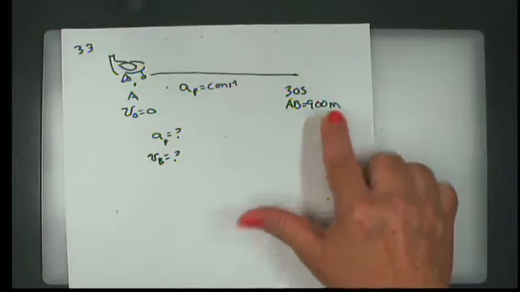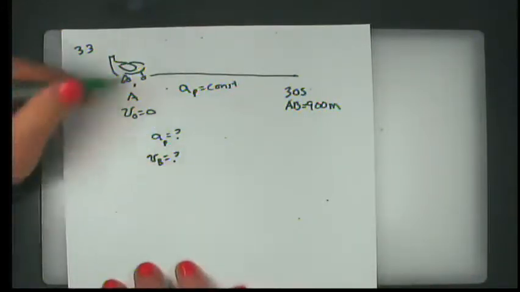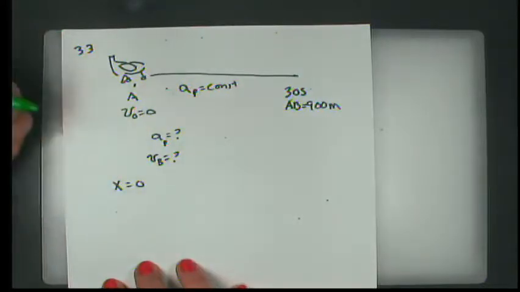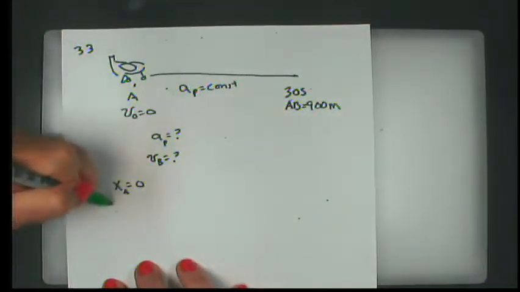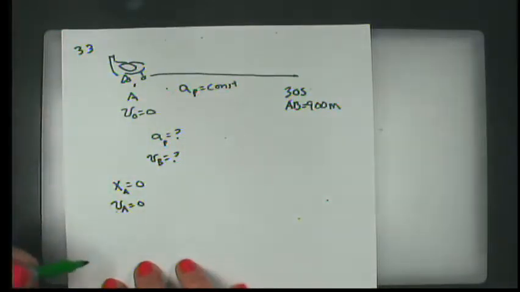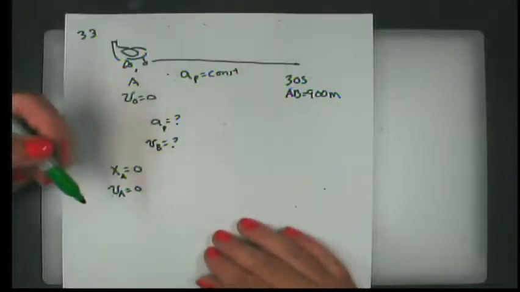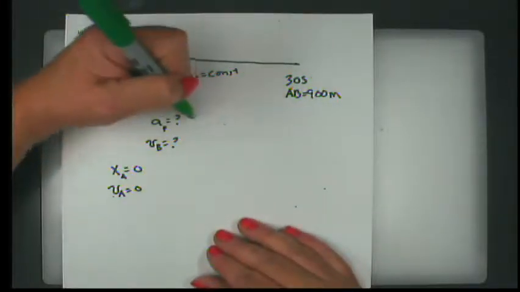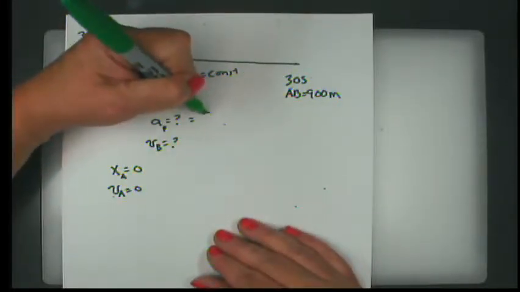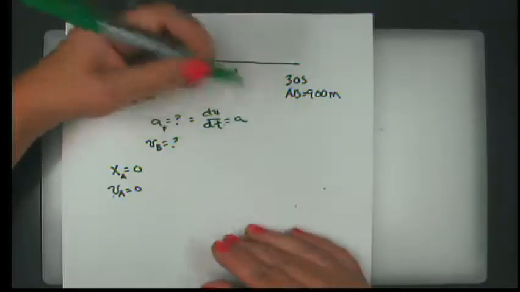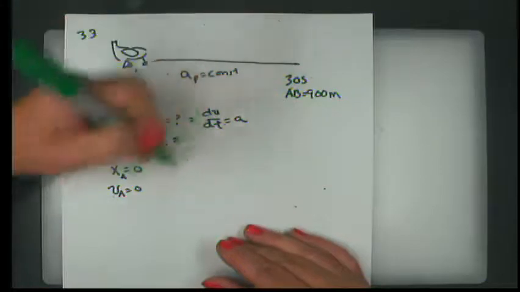All right. Well, what do we know? We know that at A, let's call the position equal to 0. And we know that the velocity at A is also equal to 0. So if the acceleration is constant, we know that dv/dt is equal to acceleration, or is equal to some constant.